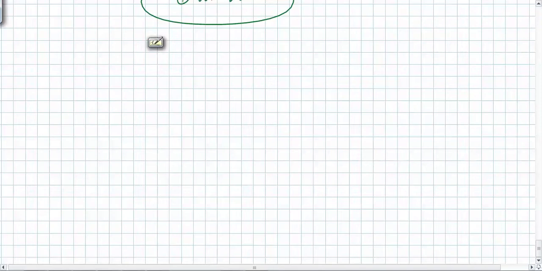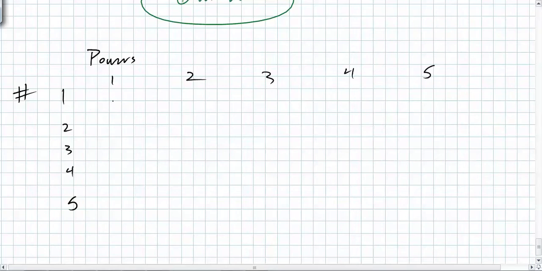So here's the deal. Let's talk about this. 1, 2, 3, 4, 5. So these are the numbers, and these are the powers right here. 1, 2, 3, 4, 5. Well, 1 to any power is what? 1. What's 2 to the first? 2, and then 4, and then 8, 16, 32.